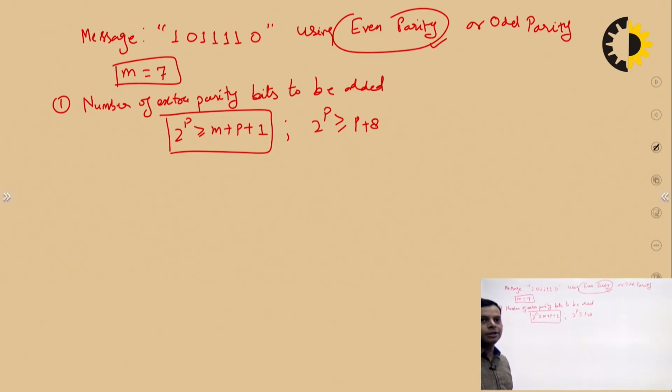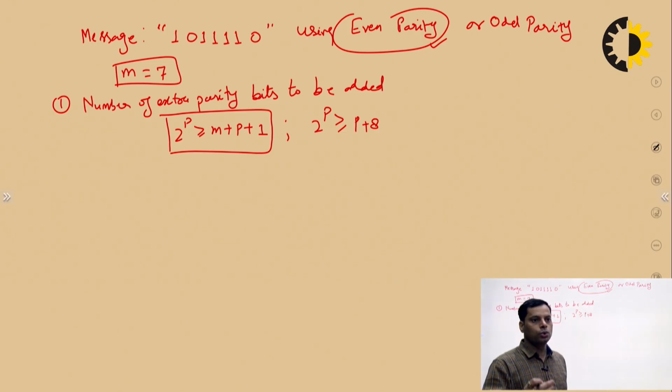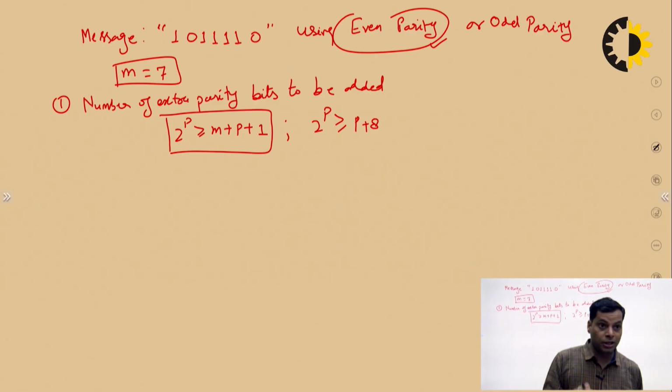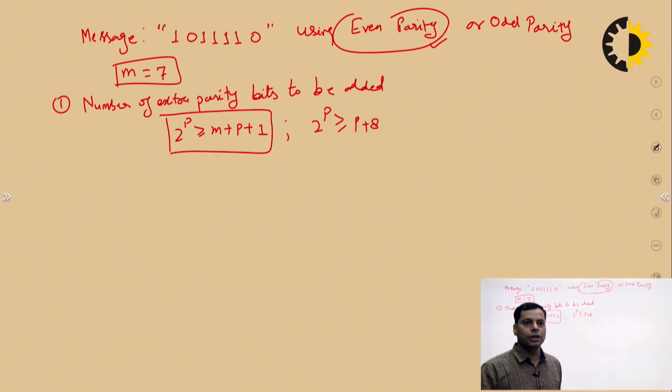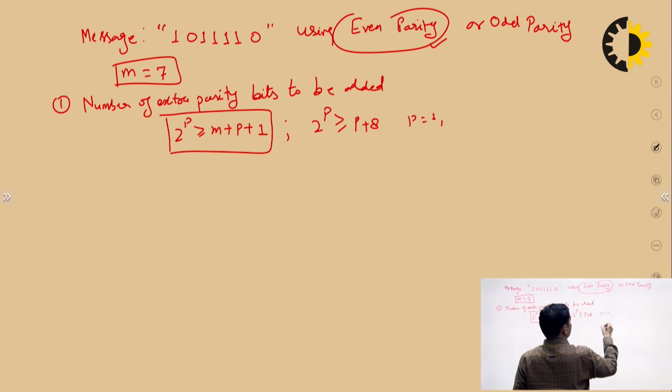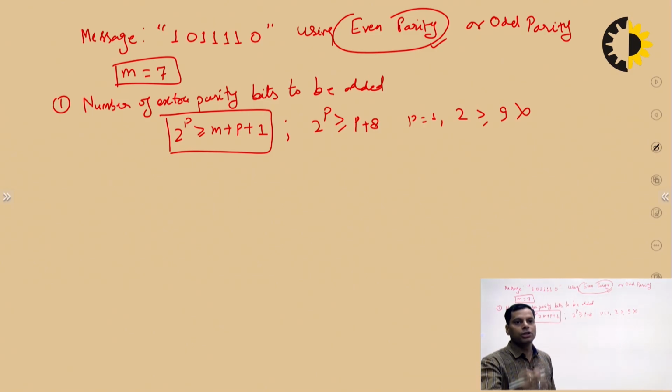So for the possibilities, we have to select the value of p: not 0, maybe 1, 2, 3, 4. If we select p equal to 1, then 2 is greater than or equal to 9. This is not matching, so we cannot consider p equal to 1. Similarly p equal to 2, then p equal to 3.